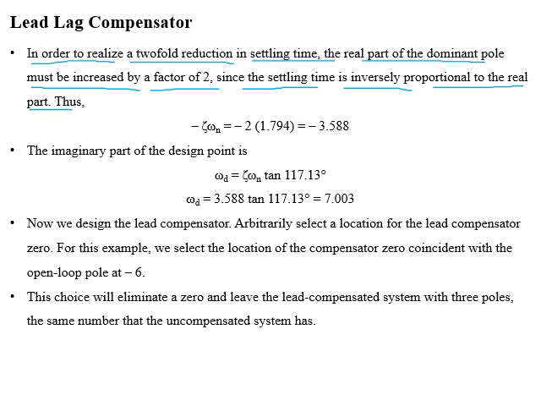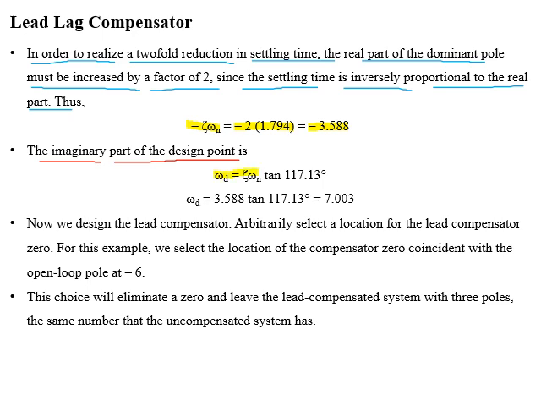So here, by multiplying the dominant pole's real part by 2, we will ultimately divide settling time by 2. So for a new design point, the real part of dominant pair of pole will be equal to 2 times the real part of dominant pole of uncompensated system, which gives us the value of -3.588.